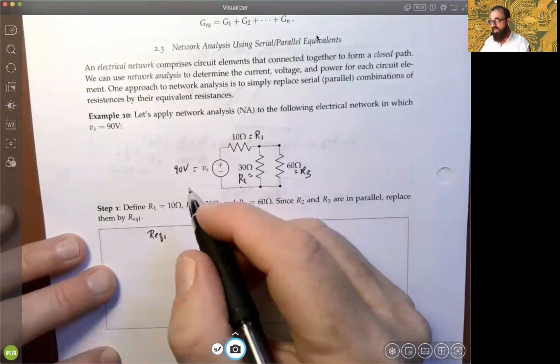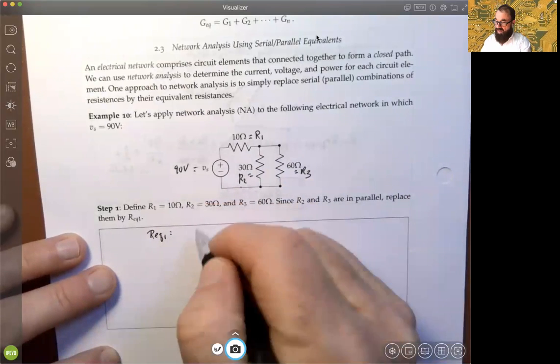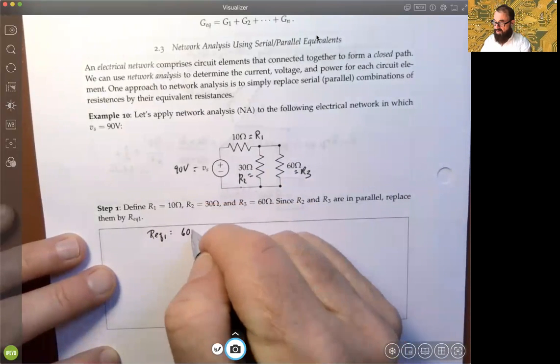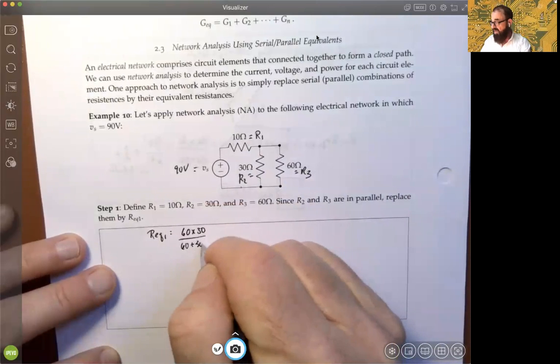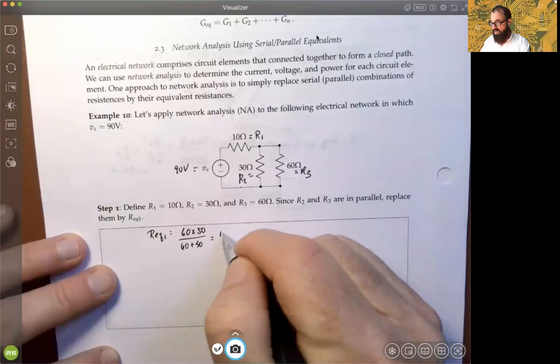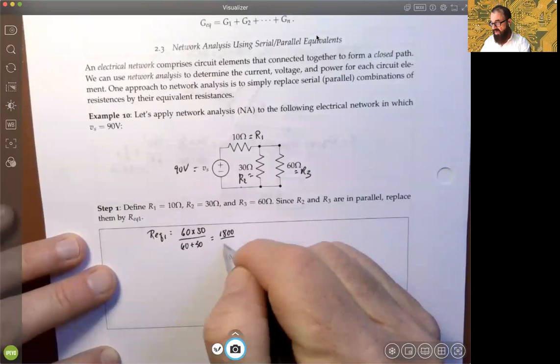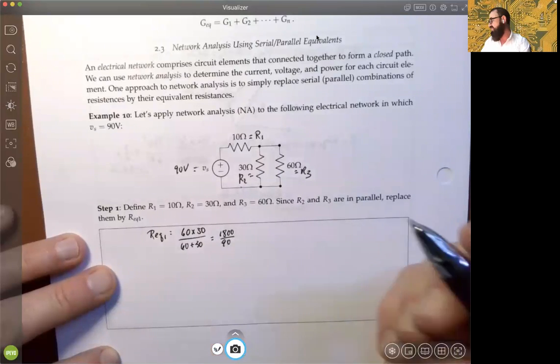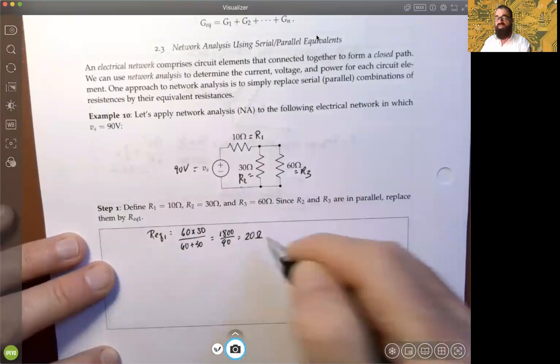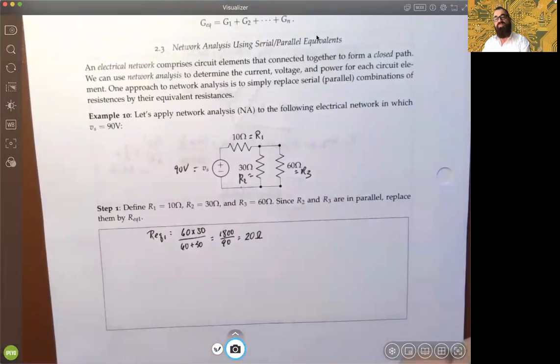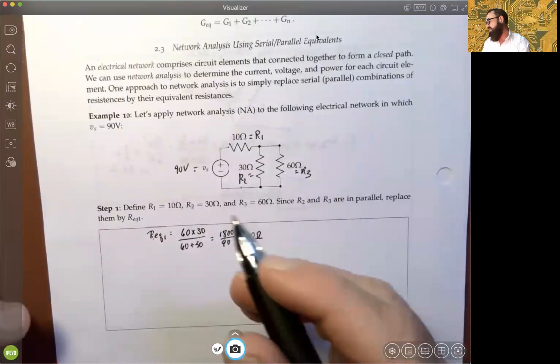And because they're in parallel, we will multiply 60 times 30 in the numerator, and then we will add 60 plus 30 in the denominator, and that will give us 1800 divided by 90. And just a quick division, that should be 20 ohms. So the equivalent resistance for those 2 resistances in parallel is nothing but 20 ohms.